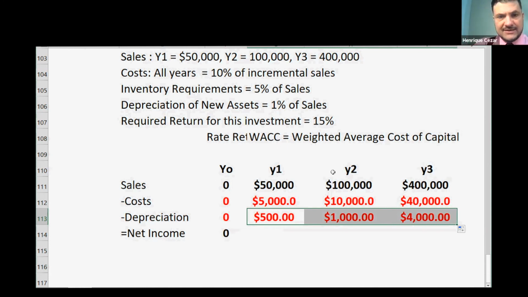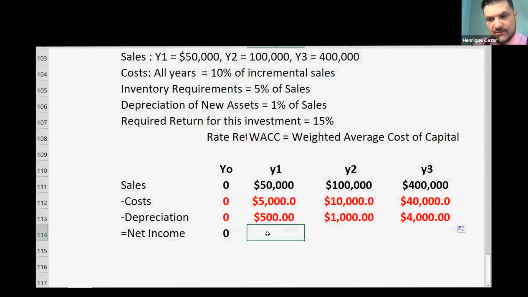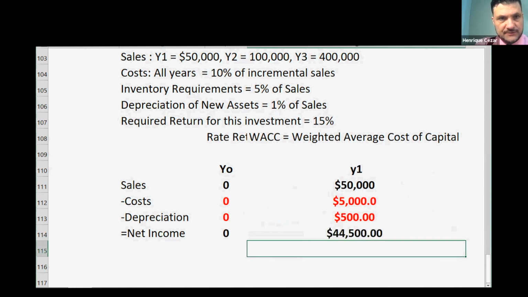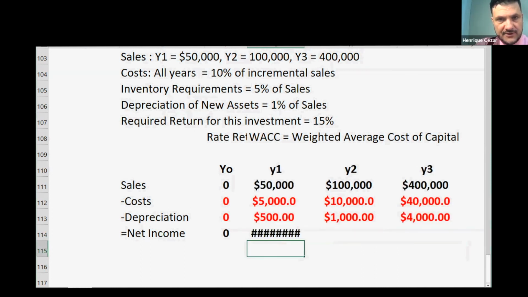All right, let's see how much money we made in profit after taxes. But for the sake of the example, there's no taxes. Sales minus cost minus depreciation. Let me open here a little bit. There you go.